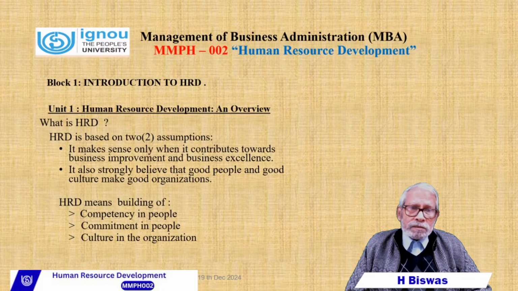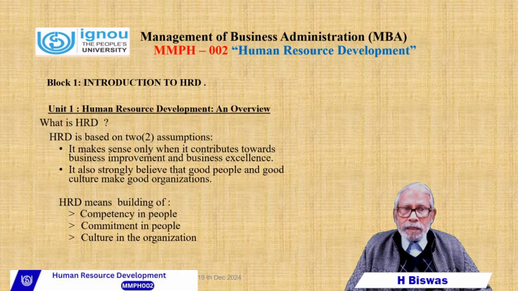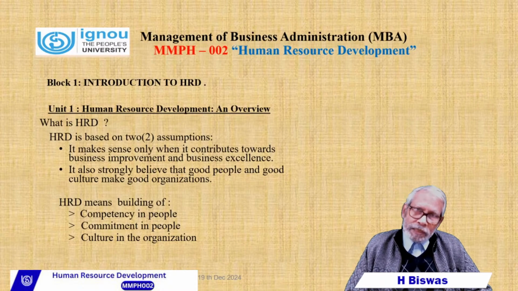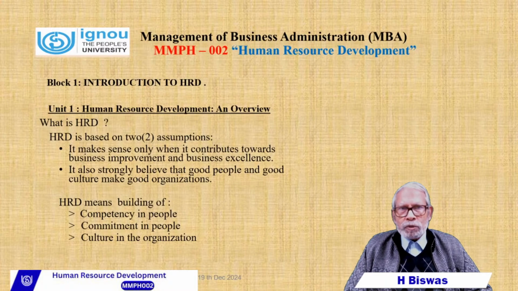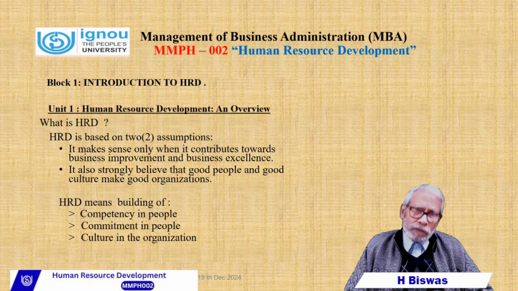Now HRD means, categorically, building competency in people, meaning the competence that you have to improve. Number two, commitment in the people. All the people should have a commitment: whatever small work is given, within the target period, he has to finish it with quality and errorless.